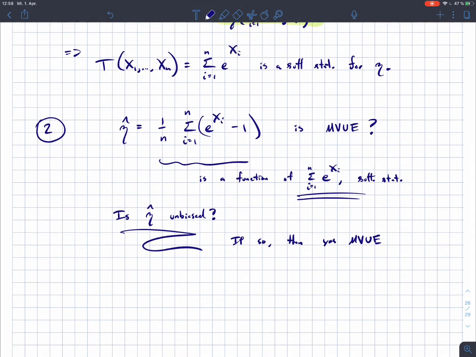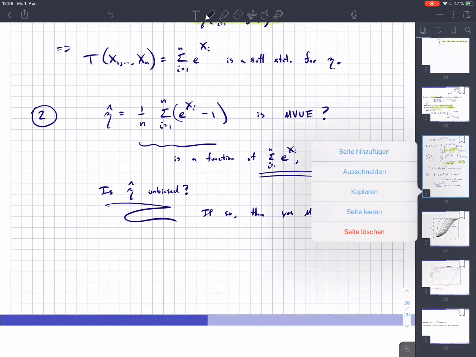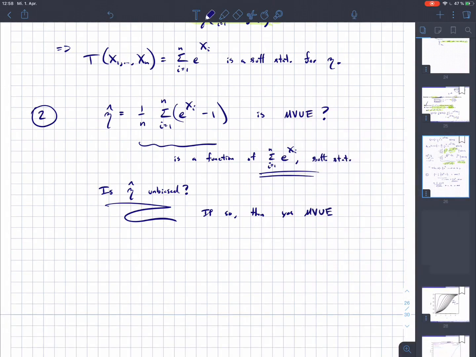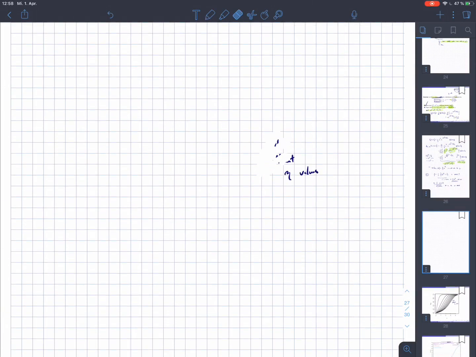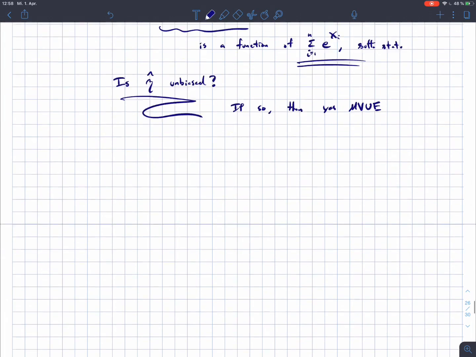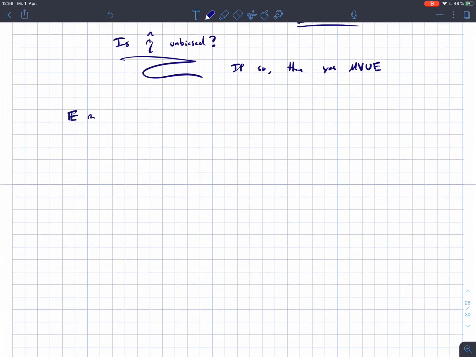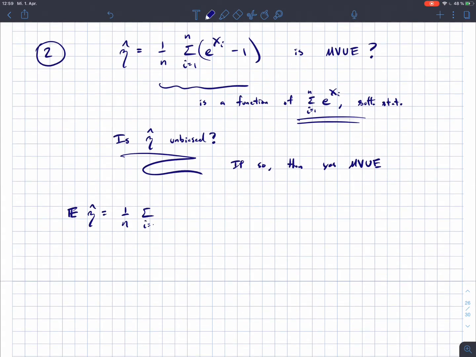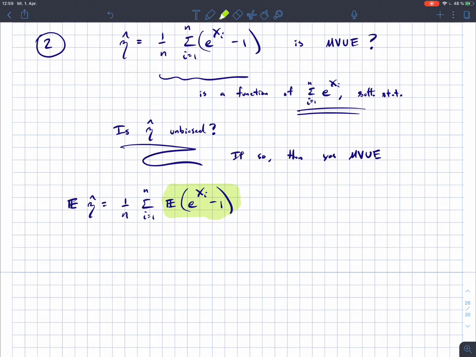So what we want to do now is get the expected value of this eta hat. So expected value of eta hat is like 1 over n expected value of e to the xi minus 1. If I could figure out this expected value, then I could easily get the expected value of eta hat.